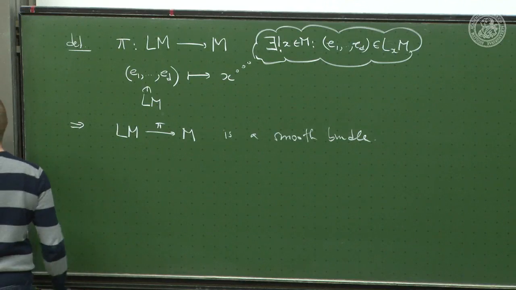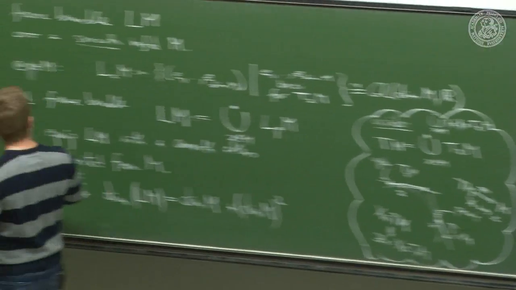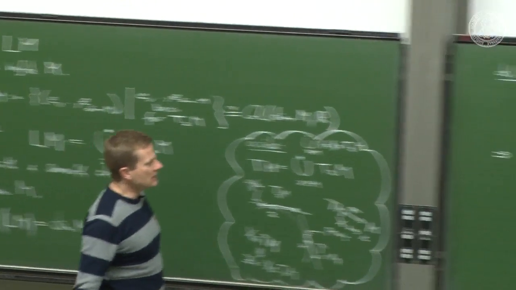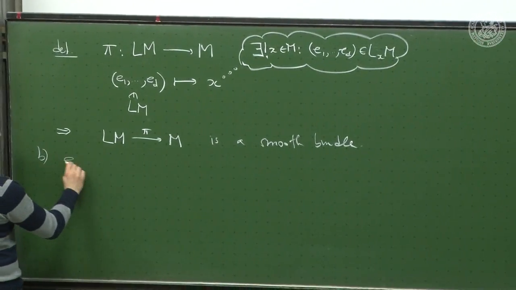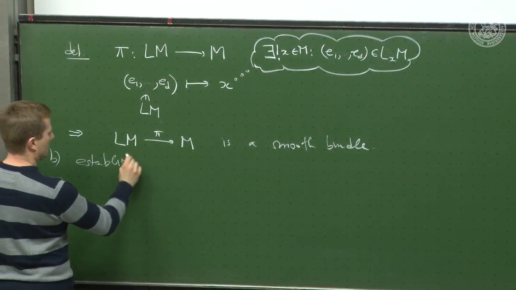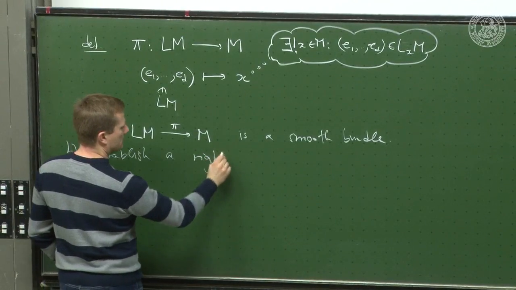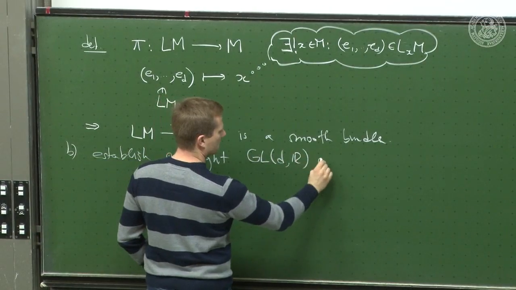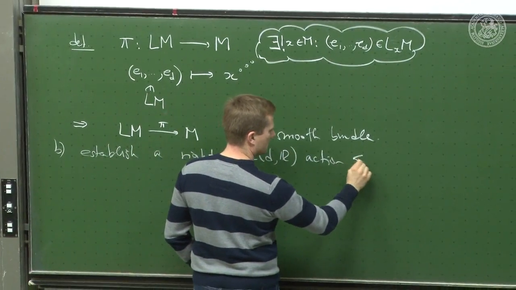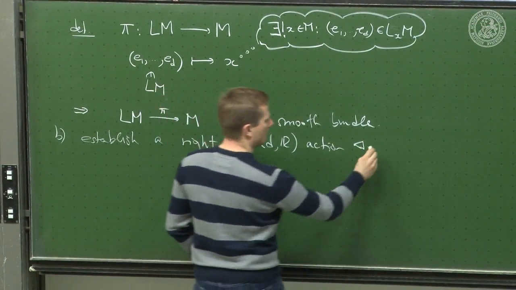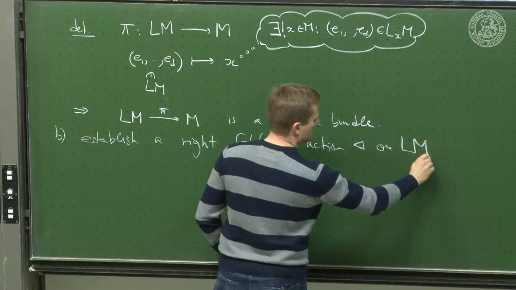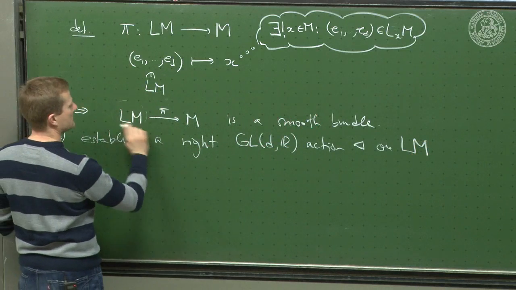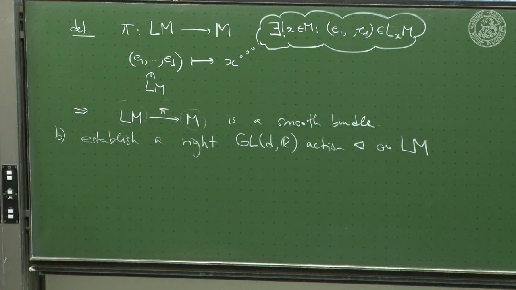So, second, maybe we start out here making this a bundle, A. Then B, we establish a right GL(d, R) action with this name on the total space LM. Remember, this is the total space of the bundle, this is the base space, this is the projection map.